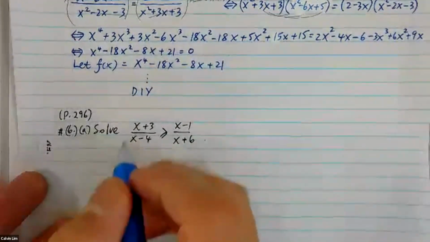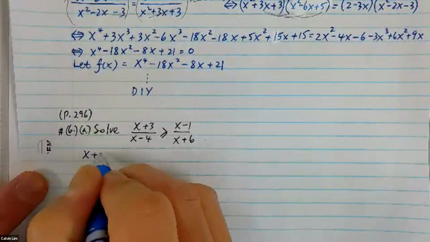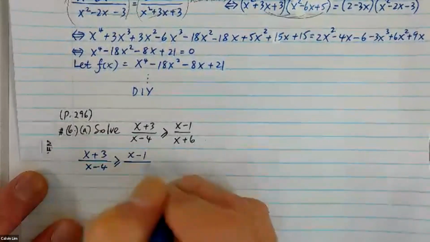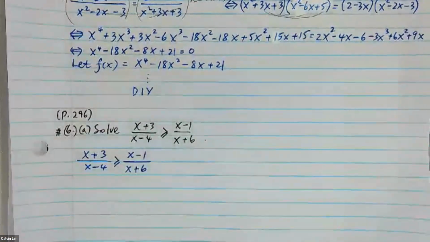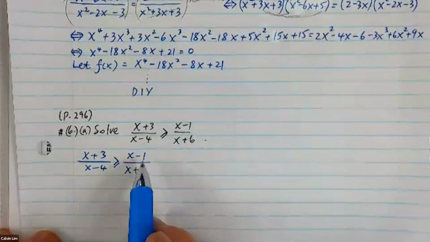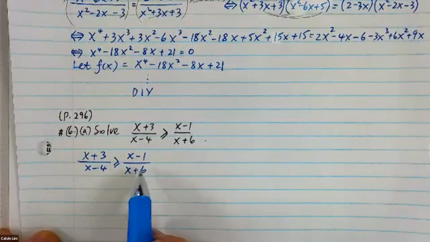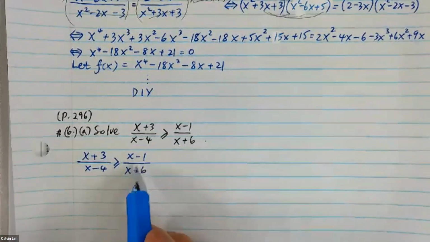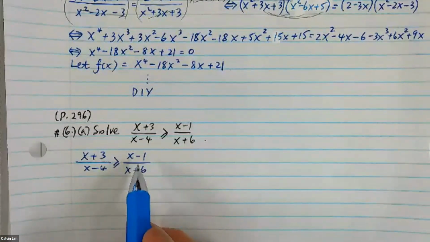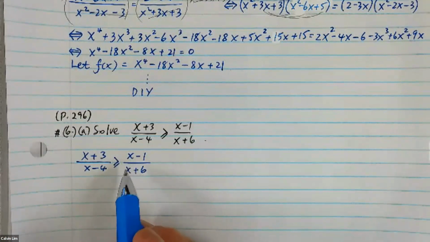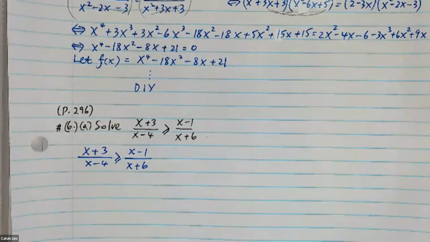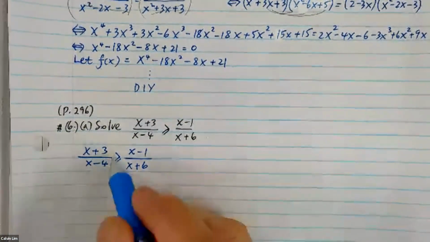Okay, so we always start by writing the inequality as is. As I said, you cannot cross multiply, because if you cross multiply in an inequality, you have to be sure that whatever you're multiplying both sides by is either positive or negative. If you multiply an inequality by a negative, the inequality sign would flip, right?